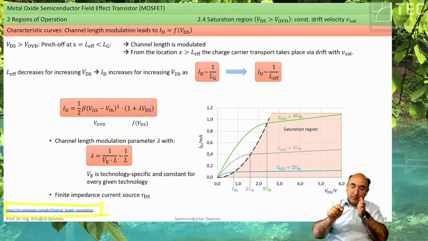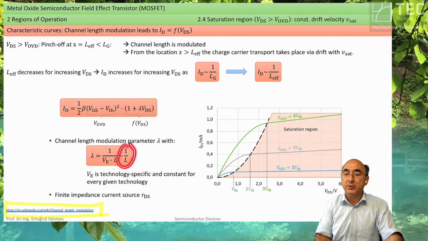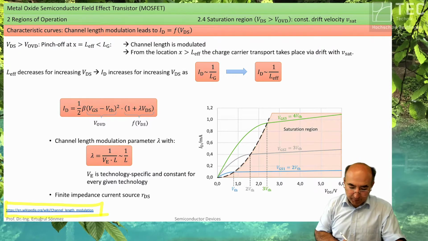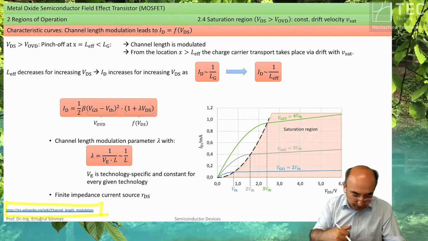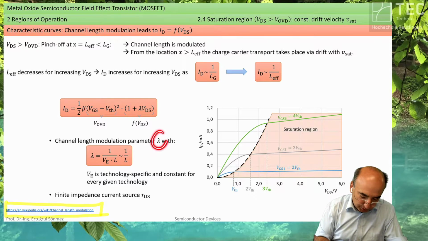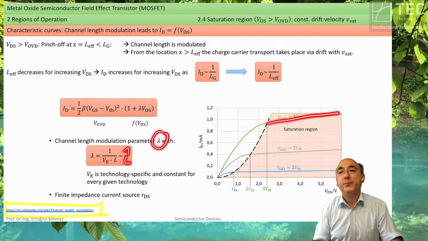Therefore, you have an anti-proportionality to 1 over L. So that's the simplistic way of explaining why the channel length modulation coefficient, which increases the drain current, is a function of 1 over L. That's it.